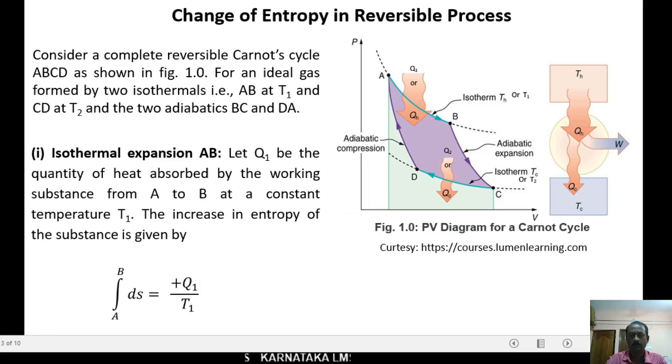Why we have to integrate here? Because there are 4 points A, B, C, D and A up to A. Therefore, between the limits A to B, you have to integrate the entropy, the increase in entropy of the substance, that is equal to plus Q1 by T1. During isothermal expansion, there is increase in entropy, hence it is taken as positive, plus Q1 by T1.